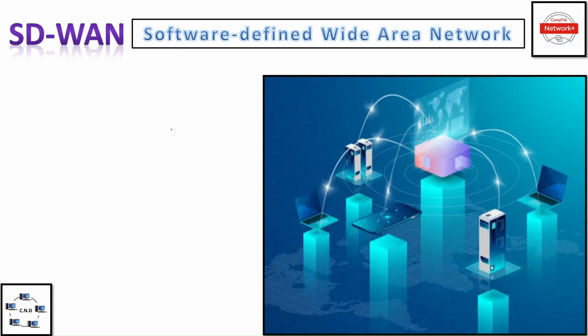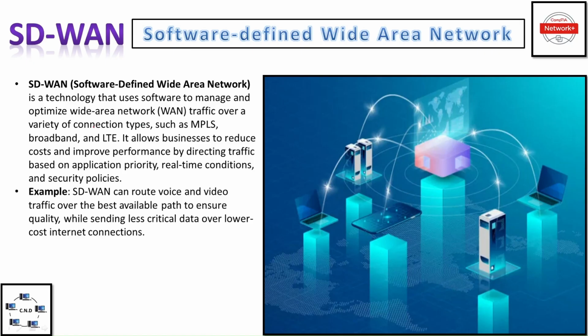SD-WAN, that is Software Defined Wide Area Network. SD-WAN is a technology that uses software to manage and optimize WAN traffic over a variety of connection types such as MPLS, broadband, and LTE.